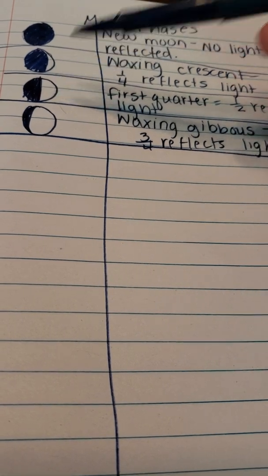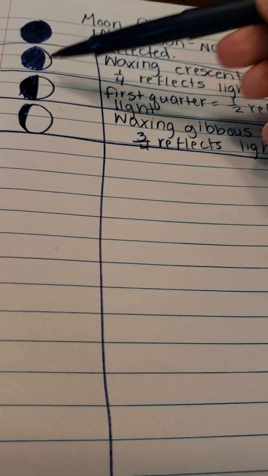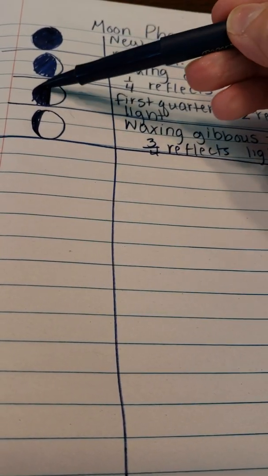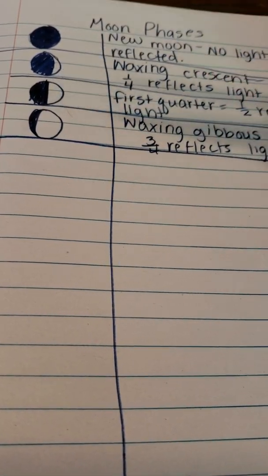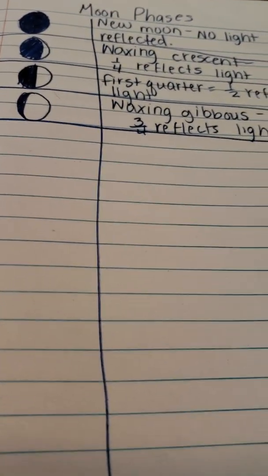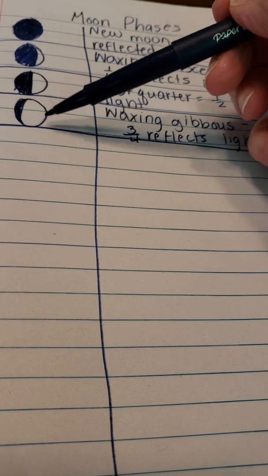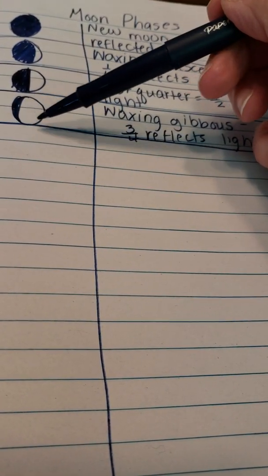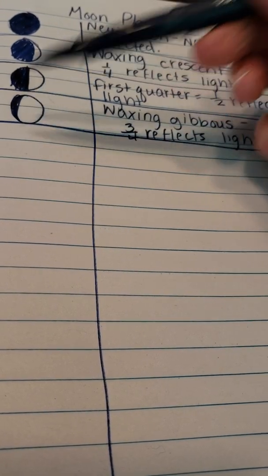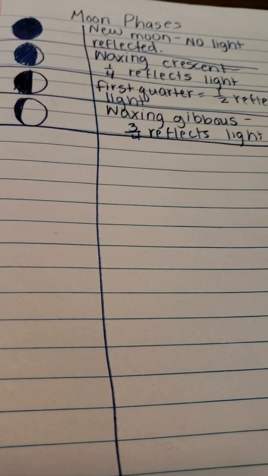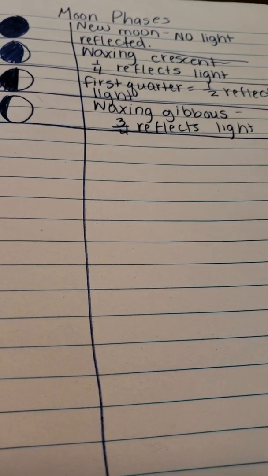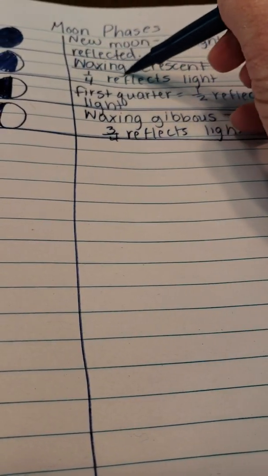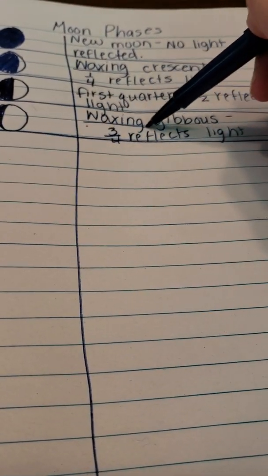From there, we go to a first quarter moon, which has half of the moon face in shadow and half reflecting sunlight that we can see. And from there, waxing gibbous, which is about 3/4 of the moon face reflecting sunlight and 1/4 in shadow.